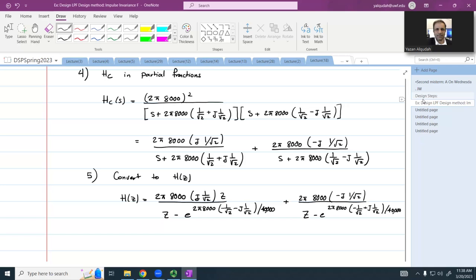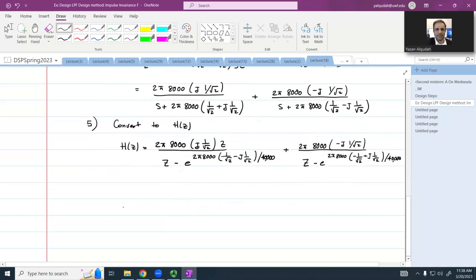We skipped a step. We could have found h of t by taking the inverse and then taking H of z, but we know how to go directly from here to here. Let me simplify this.